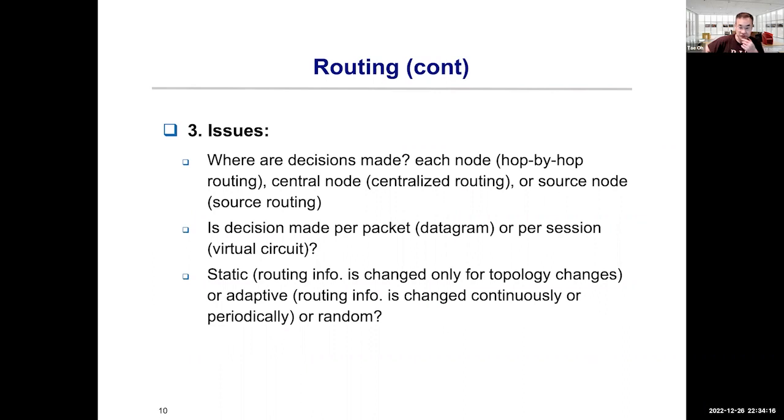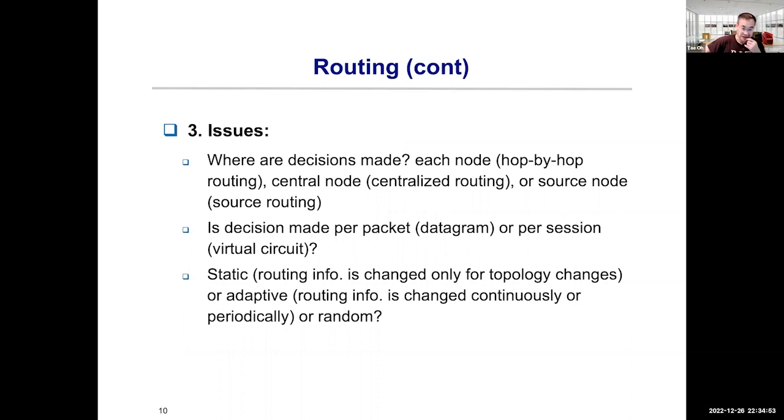So you have to determine who makes the decision. Is a decision made per packet, like a datagram, which is connectionless? Per session is, for example, you're calling someone, or you established service with one entity or node somewhere, and any service you want to add does more of a virtual circuit. So you need to make a decision: is it going to be more of a datagram or a virtual circuit?